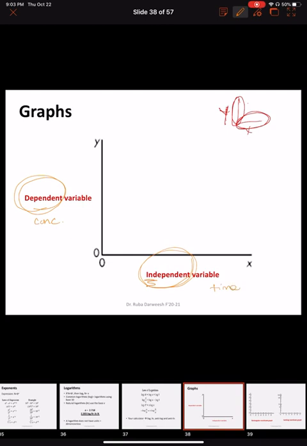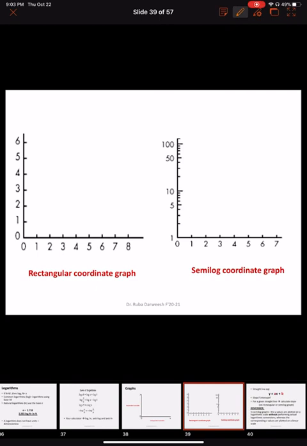The time is not changing with the concentration, but the concentration is changing with time. So that's why we call it the dependent variable. Just as a reminder, when I mention without a drawing or a profile, concentration versus time, it means that this is your y and this is your x for sure. And there's no need to tell you that in the exam. This is an important slide and important note to keep in mind.